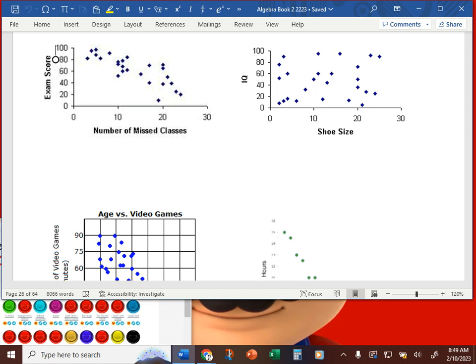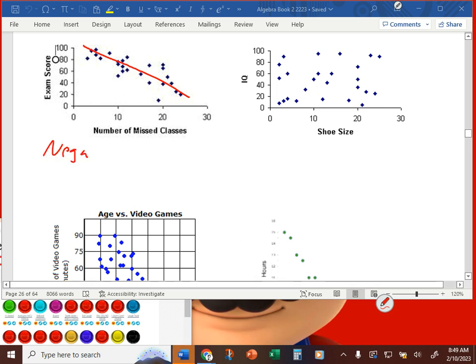We draw in our line of best fit here, and again, this is a general trend. Might look like that. What type of correlation is this? Negative. Okay. Negative correlation.